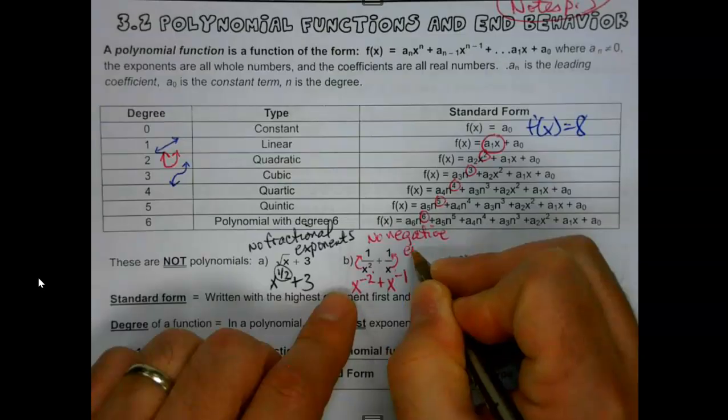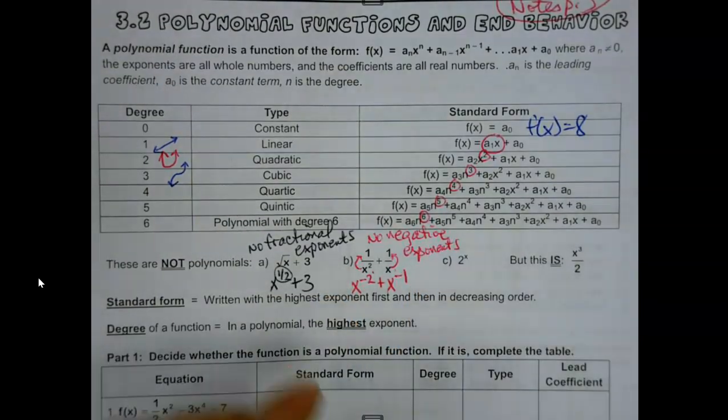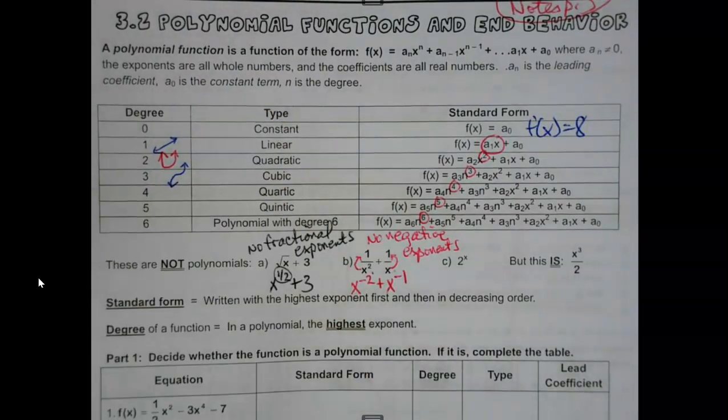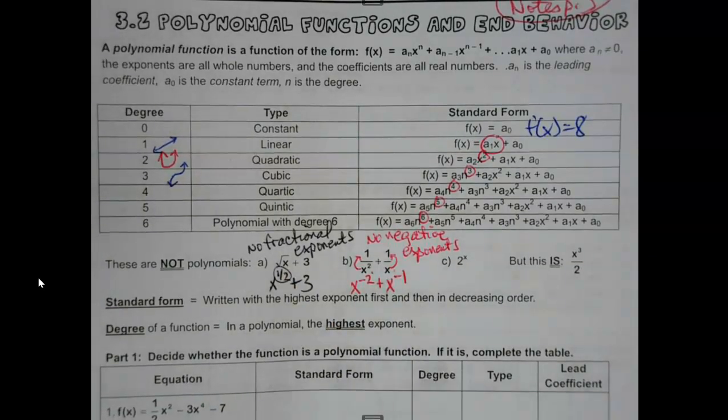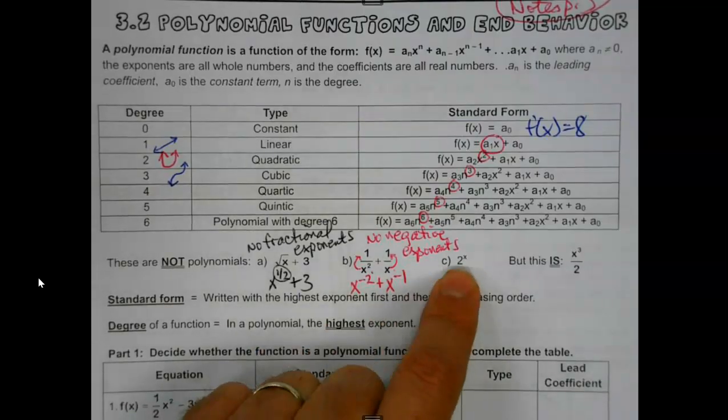No negative exponents, because again, that's going to take them out of these areas. Bless you. So I keep looking. I'm like, okay, no fractional exponents, no radicals, no negative exponents. My gosh, this sounds like parental rules. There's so many no's. No, no, no.